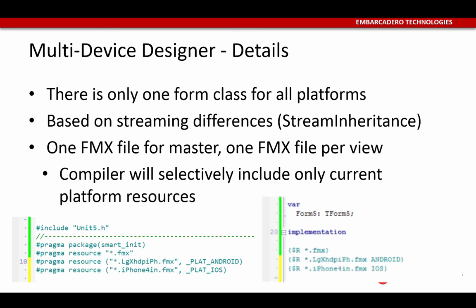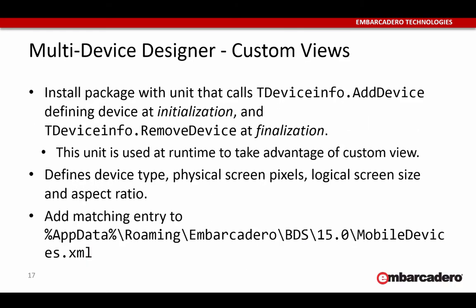So you'll see here down in the code, we've got the {$R} resource directive that identifies the master FMX file, and then the differences for changes you make in form and component properties in the subsequent target platform specific FMX files.